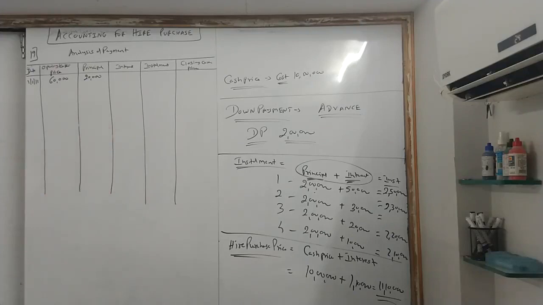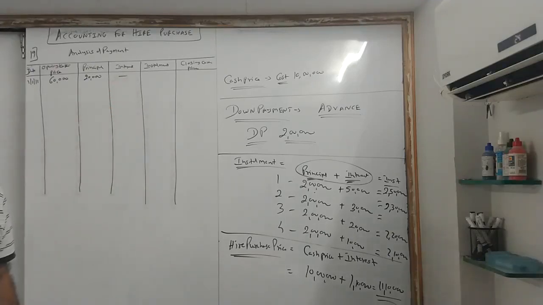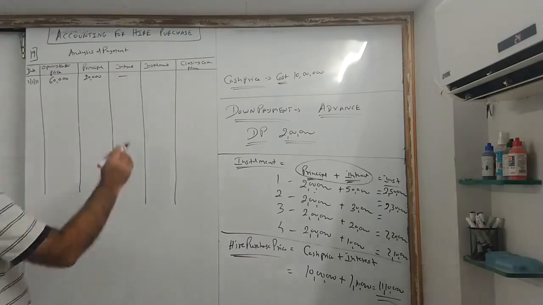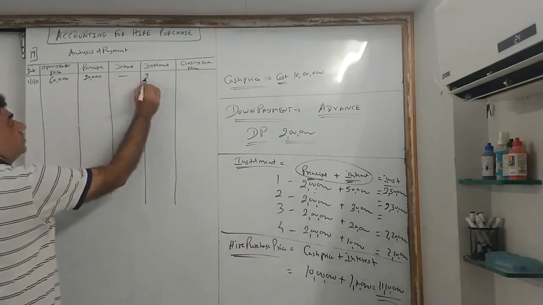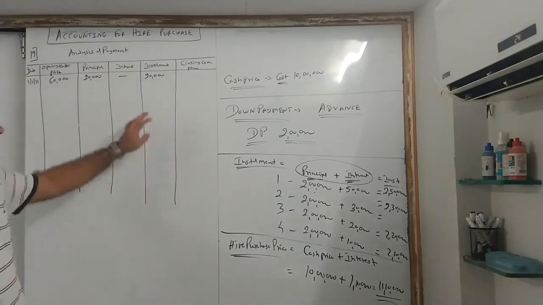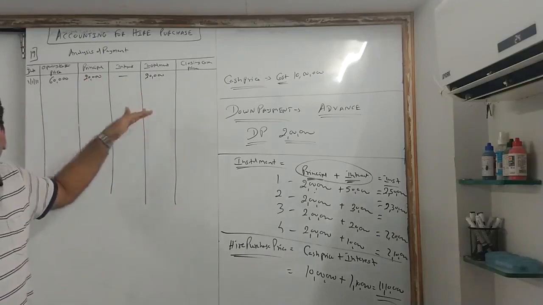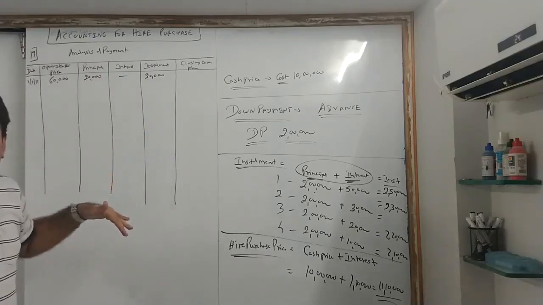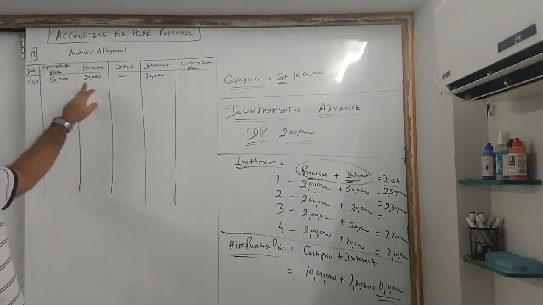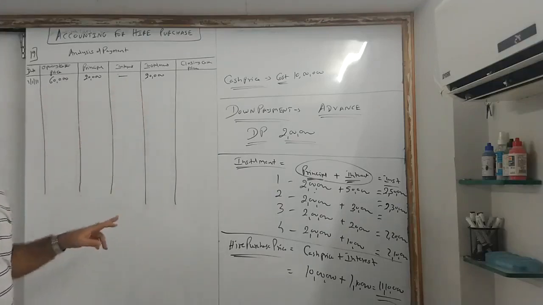There is no delayed payment, so when you make the payment on the same day, there cannot be any interest. So my installment is 20 plus 0, that is 20. Down payment will be treated as principal as well as installment when you make the payment.